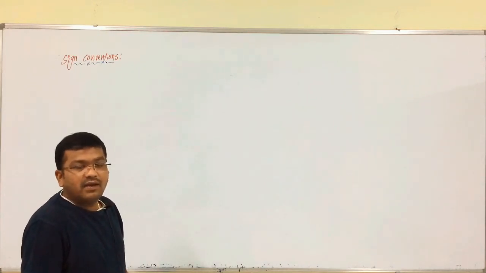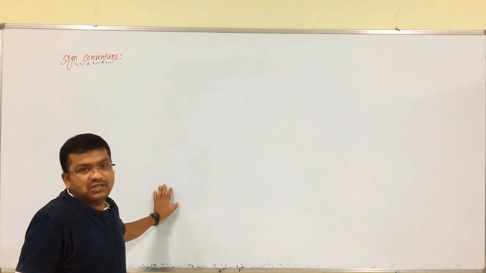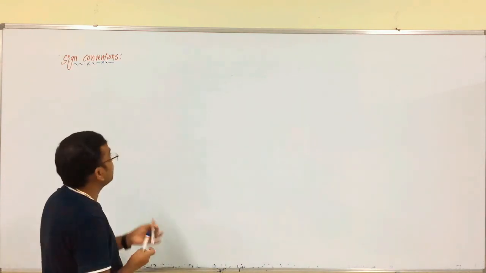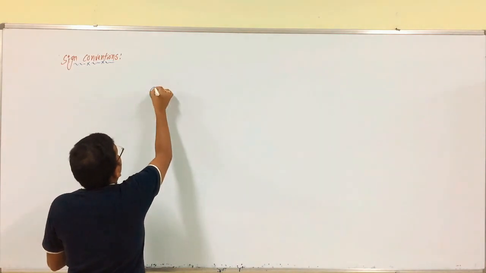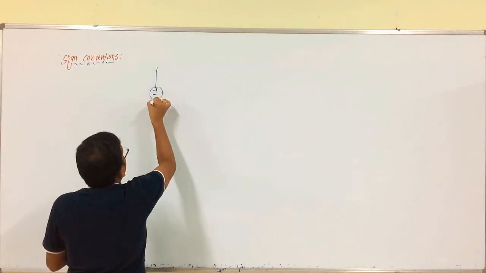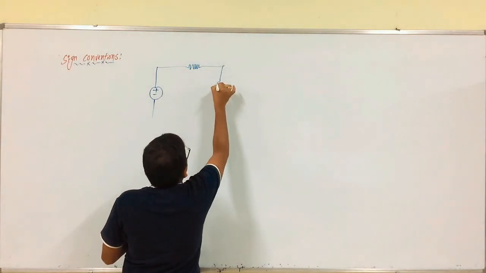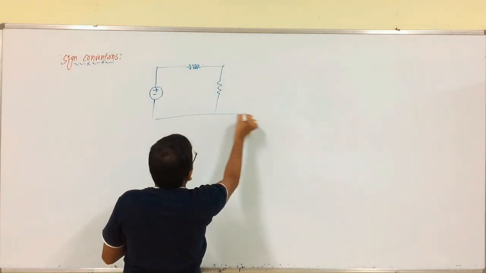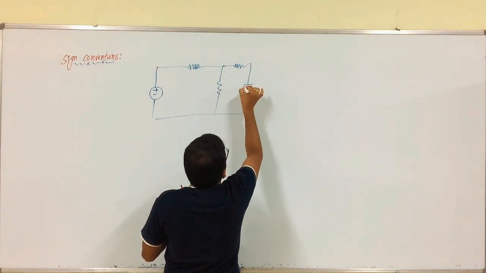Hello everyone, now we have to discuss the next concept, that is sign conventions. First we have to consider a simple circuit. With respect to the circuit, we have to analyze the concept.